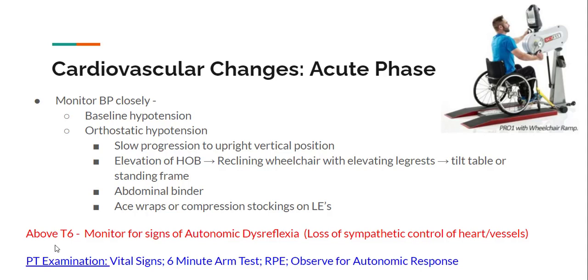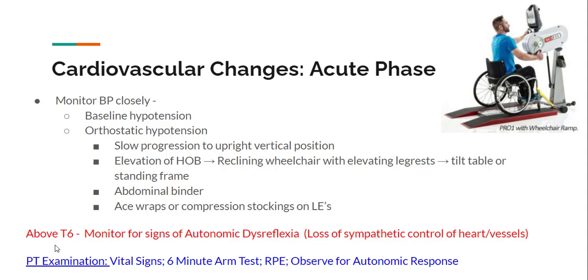Because they naturally have hypotension after a spinal cord injury, and orthostatic hypotension is most likely going to occur, we're going to maybe be using a tilt table. And in addition, we're thinking of that while we're getting them up in a seated position as well. So we might be using a reclining wheelchair with elevating leg rests so that we can slowly progress them to a more upright position. Or again, we're using the tilt table.